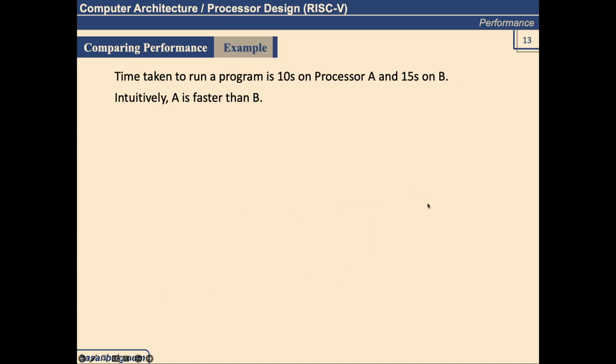So let's say the time taken to run a program is 10 seconds on processor A and 15 seconds on B. So the first thing you should ask yourself, which one is faster than the other one? So clearly A is faster than B. Then you have to put the execution time of B on top and the execution time of A at the bottom.